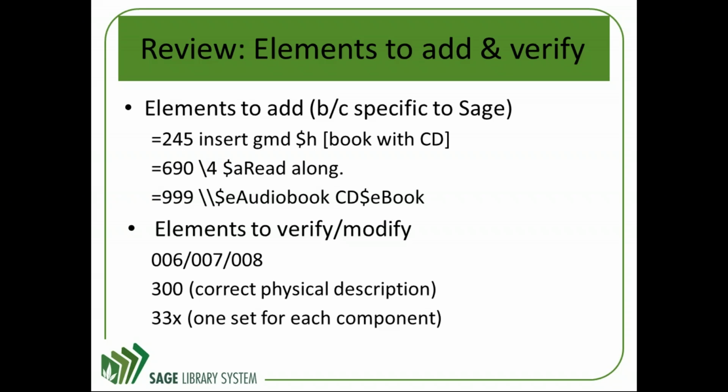And we talked about this before, inserting that GMD into the 245, subfield h, book with CD. And just as a reminder to everyone, regardless of the type of record that you're using, so it could be a type I record where the CD is the primary component, we still want to use that same GMD, book with CD, for all read-alongs.